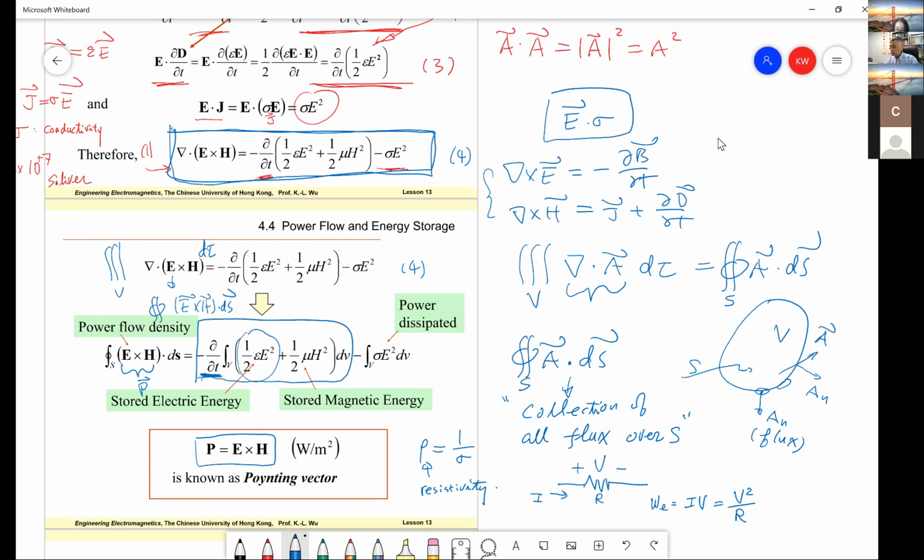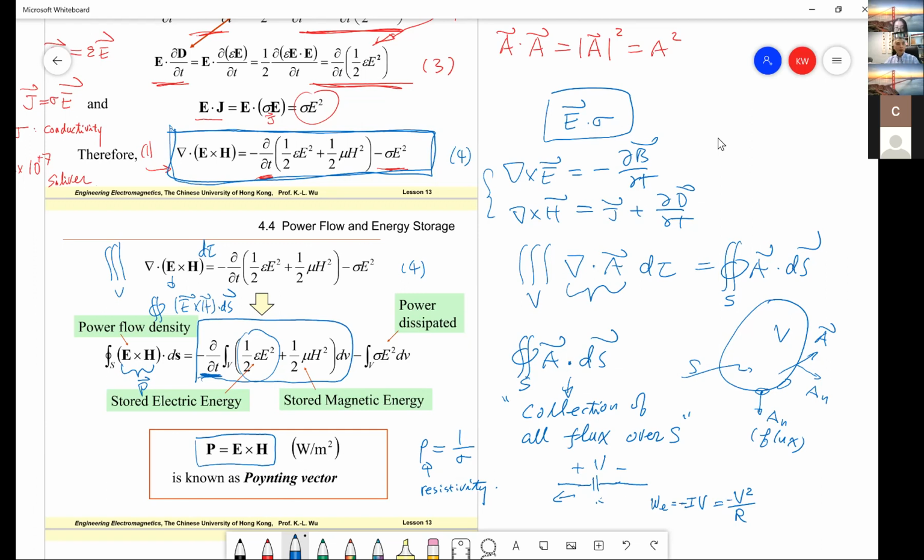If this is a battery, the current will be going out, and then this energy we call minus.